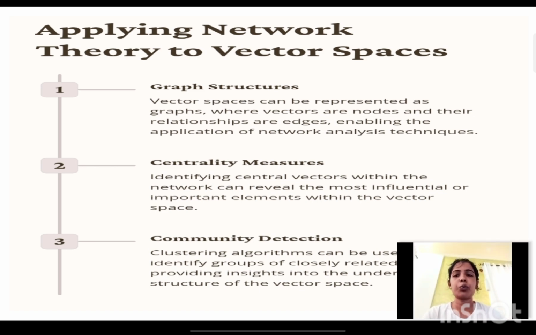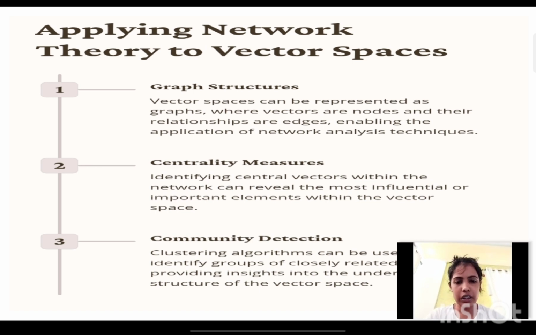The next concept is applying the network theorem to the vector space. Let's see how to apply it. The graph structure: the vector space can be represented as graphs where the vectors are nodes and their relations are edges of the network. Centrality measurement identifies the central vectors within the network and reveals the most influential or important elements within the vector space.